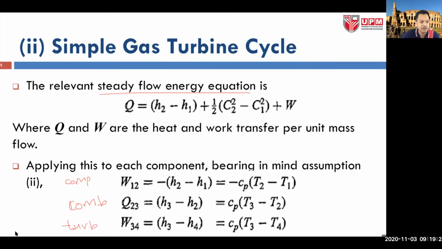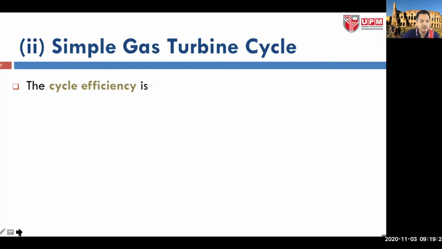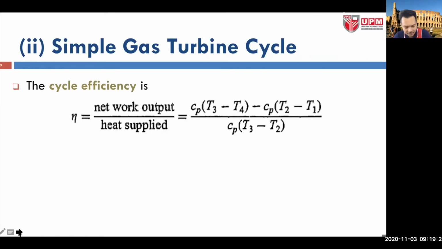All right, let us move on to the cycle efficiency. We denote it by zeta, equal to the net work output divided by the heat supplied by the combustion chamber.